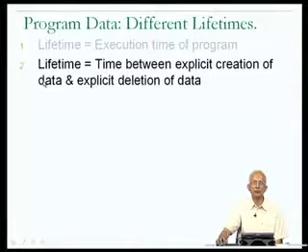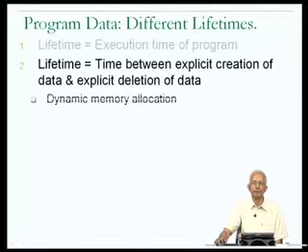So that is the situation where the lifetime of that piece of data is from the explicit point in time during execution when its creation was requested till the explicit point in time during execution when it was deleted. And for those of you who have done programming in C with dynamic memory or dynamic variables, you will recognize this as the phenomenon which is called dynamic memory allocation.